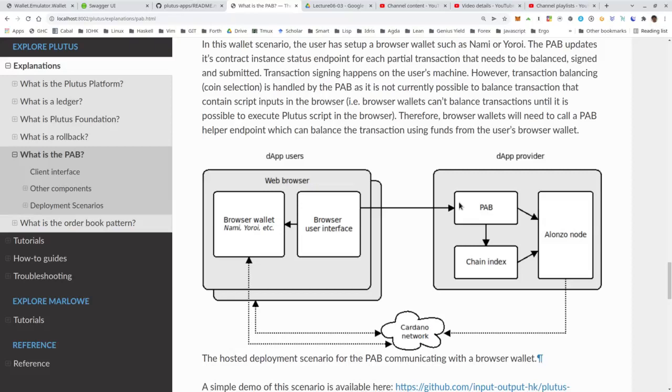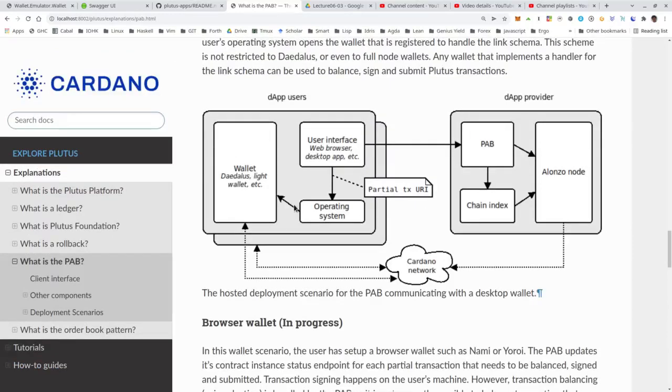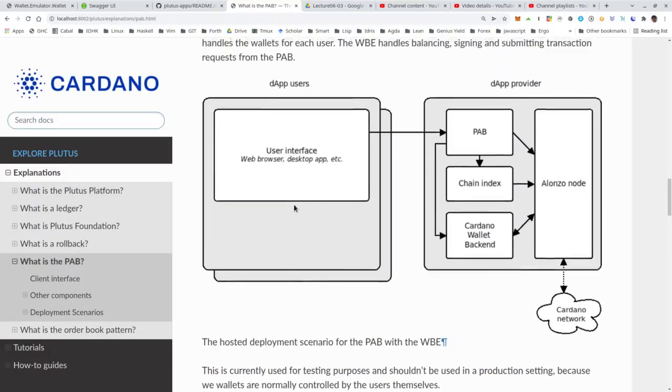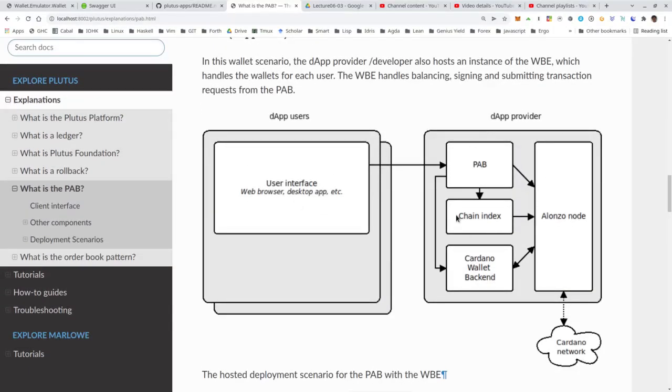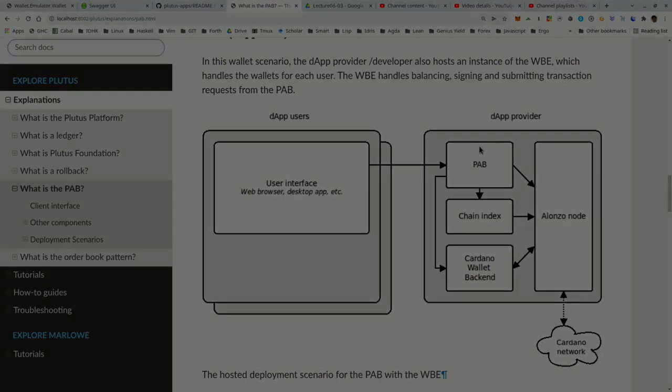So for this to work properly, you have to wait until the PAB can balance and then only expose the balanced transaction for signature. Anyway, so we are concentrating now on this scenario, the hosted scenario. But in order to have anything for the PAB to do, we first need off-chain code written in the contract monad that the PAB can then execute. So let's look at that next.